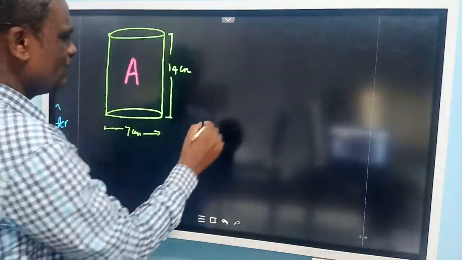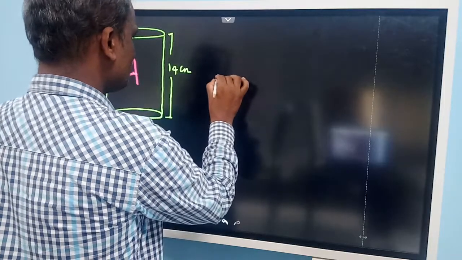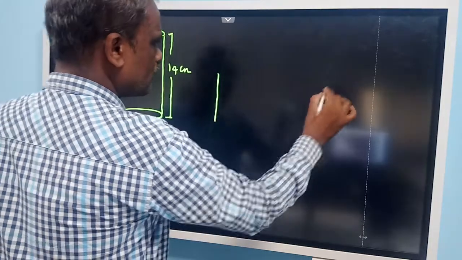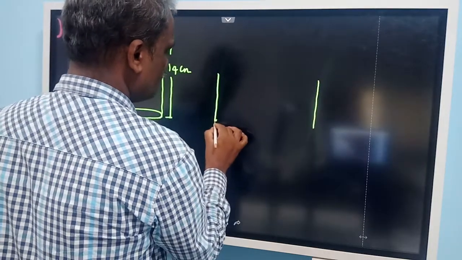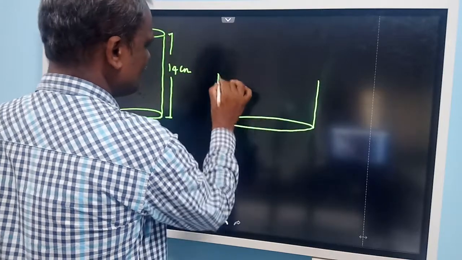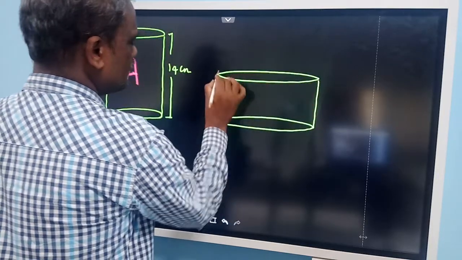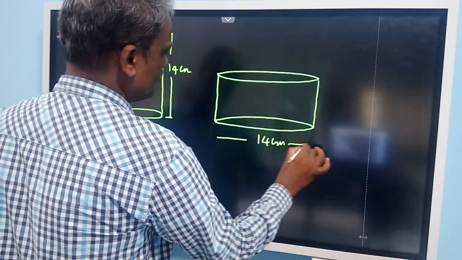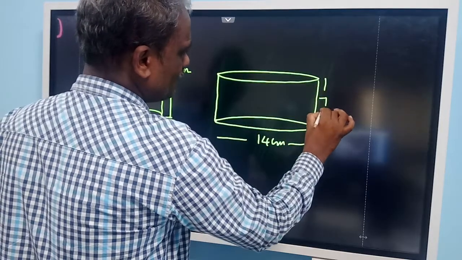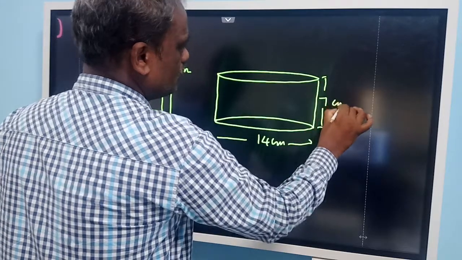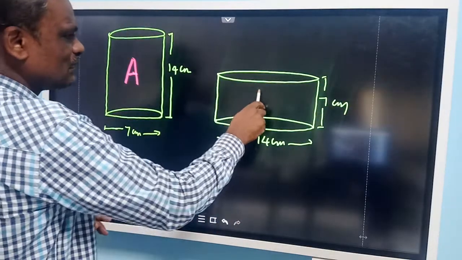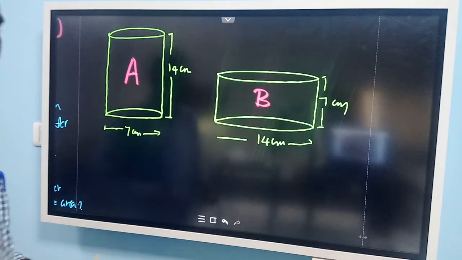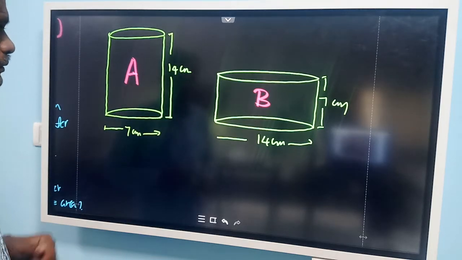The cylinder B diameter is more, like this. Here diameter is 14 centimeter, height is 7 centimeter. What is the difference between these two cylinders, cylinder A and cylinder B? Sir, cylinder A surface area is greater, sir.